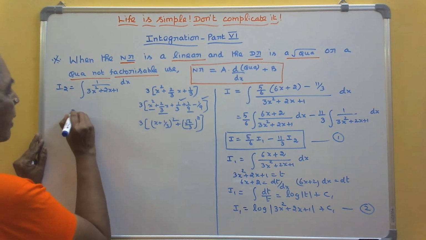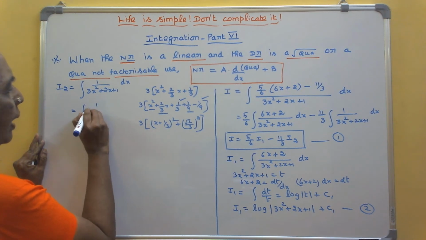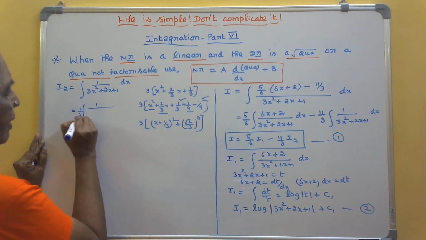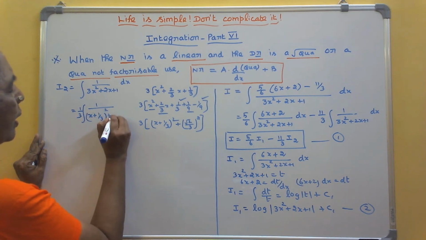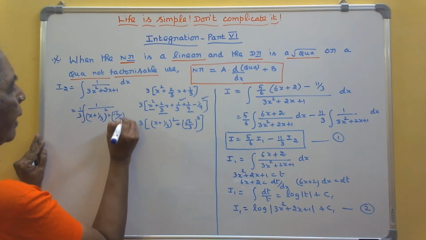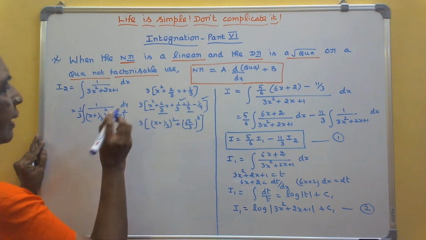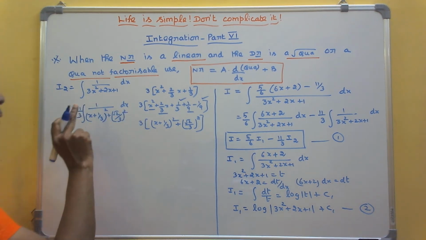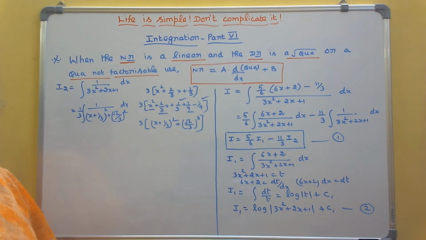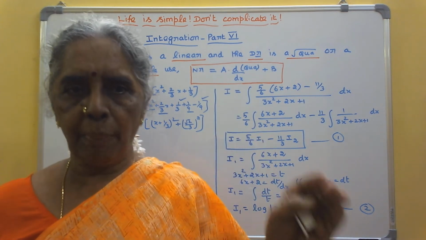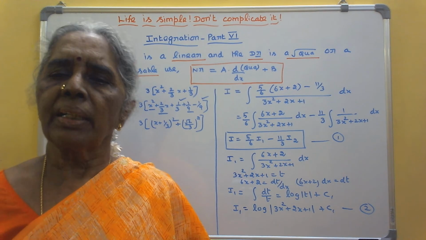So here I will get integral 1 by, this 1 by 3 I will take out. I am getting x plus 1 by 3 the whole square plus root 2 by 3 the whole square dx. This is like integral 1 by x squared plus a square dx. You know the formula, it is 1 by a tan inverse x by a.